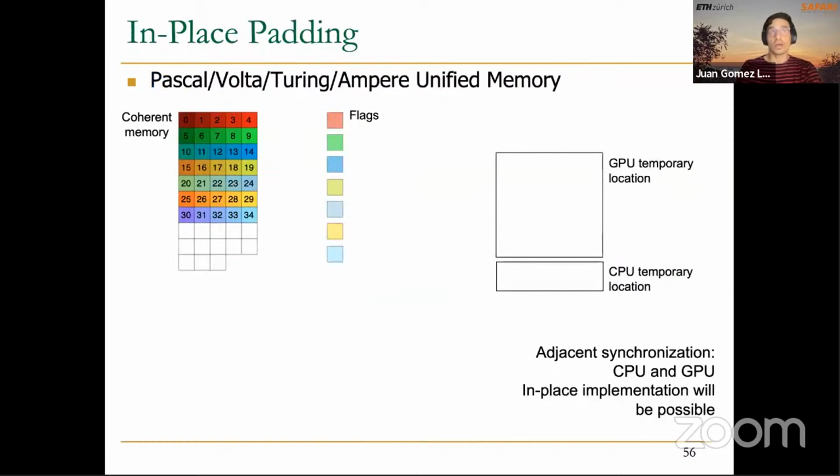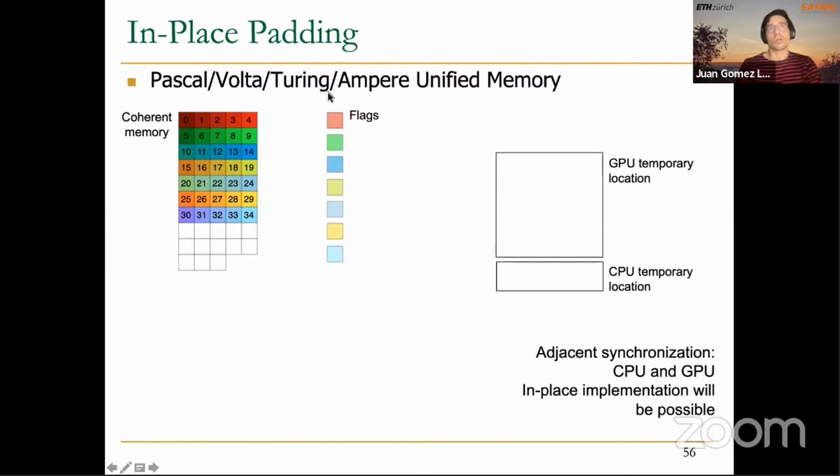But we can implement an in-place matrix padding if we have the features of unified memory, because in this case, we can synchronize across boundaries. We can synchronize different threads running on different blocks on the GPU side, and we can synchronize them with the threads running on the CPU side. And we can do that because we have atomic operations.